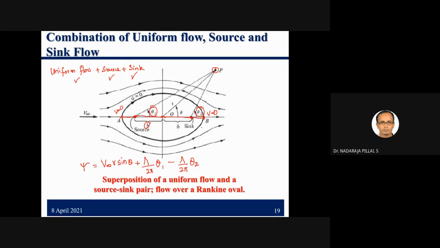So I want to calculate OA, OB, because OA is equal to OB, right? So I want you to calculate what is OA and OB. Please take down this and calculate OA and OB as a homework. And we will look into that in the next class. So please take this combination of uniform flow, source flow, and sink flow.